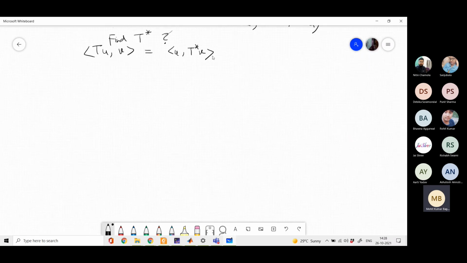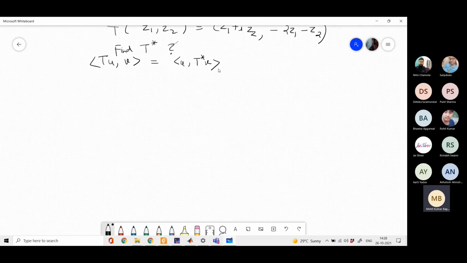So this is a very major definition; in the various problems, you will need this definition. So let's do this question, and you can try accordingly for the coming problems.